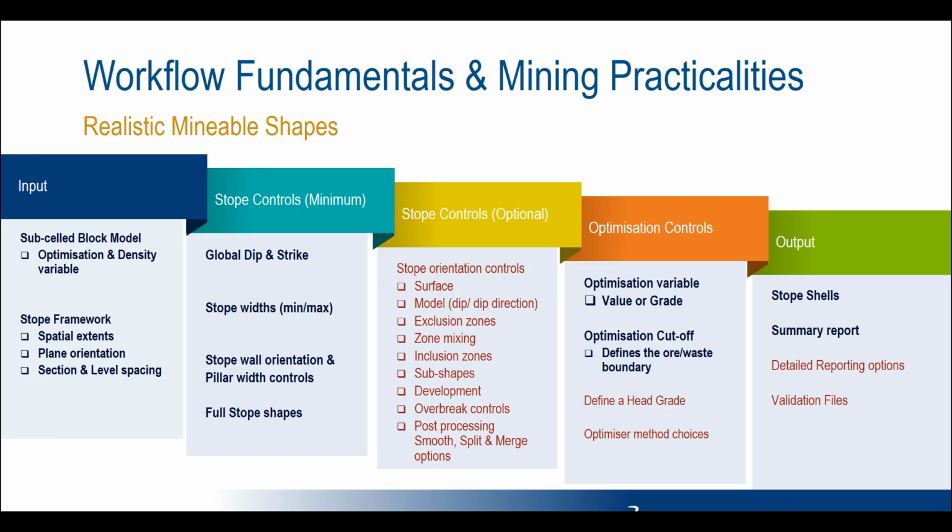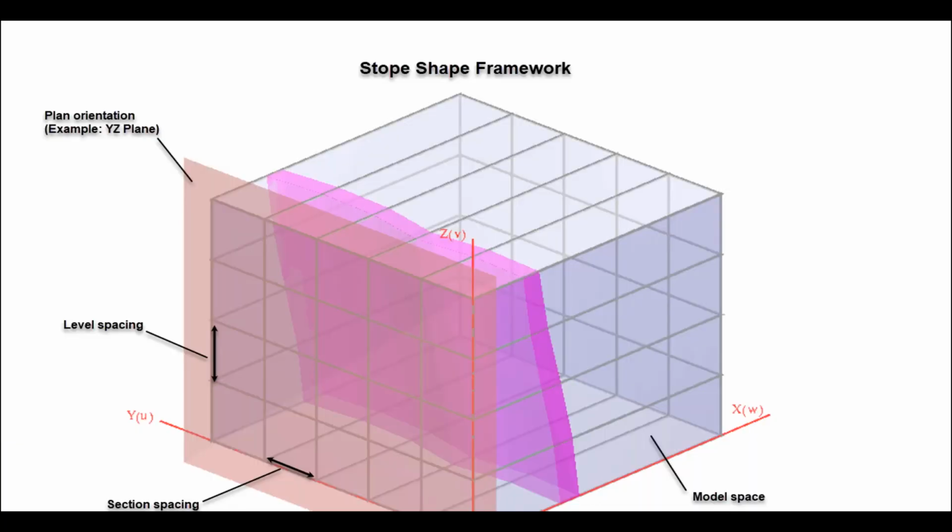for the workflow. The schematic I'm showing here is the typical stope framework scenario as applied for an underground ore body. In this particular example, it's a subvertical north-south ore body. The open pit ore body is in fact a similar scenario.